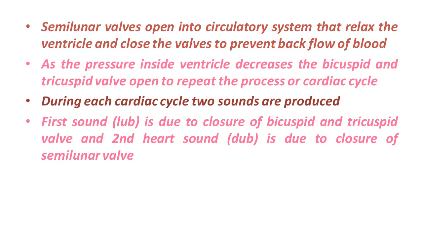For example, the cardiac output of an athlete will be much higher than that of an ordinary person. So the cardiac output may differ from person to person.